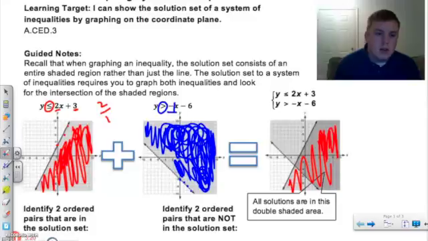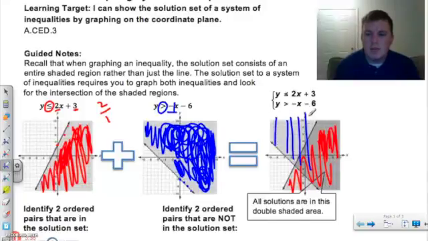You can also see the one we worked second, with a y-intercept of negative 6 and a slope of negative 1. That's that dashed line we have here. And remember, we shaded above here.